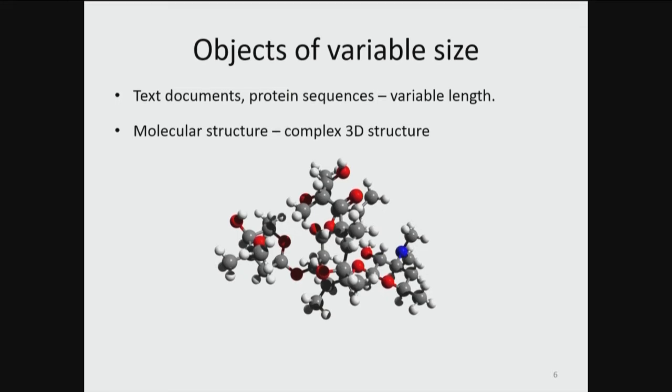The second object can be of molecular structure. We know that the molecular structure is made up of complex 3D formulations, and that will have different varied formats, but all in 3D format, and that also is not of fixed size.